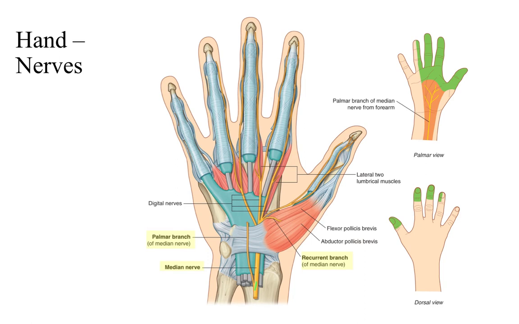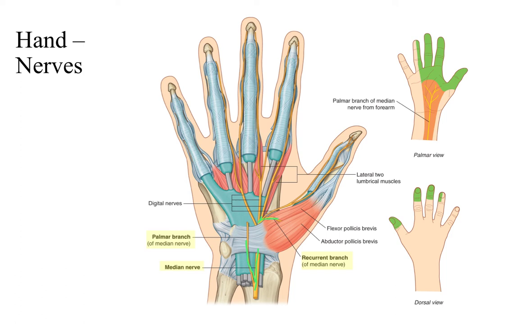The median nerve, of course, we saw is going to go through the flexor retinaculum and then branch out as soon as it gets to the other side of the flexor retinaculum, going distally into the palmar branch, which actually branches before the flexor retinaculum.